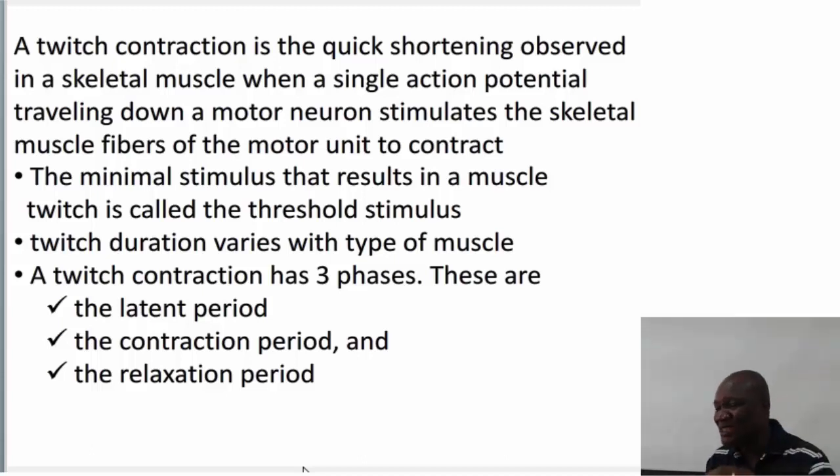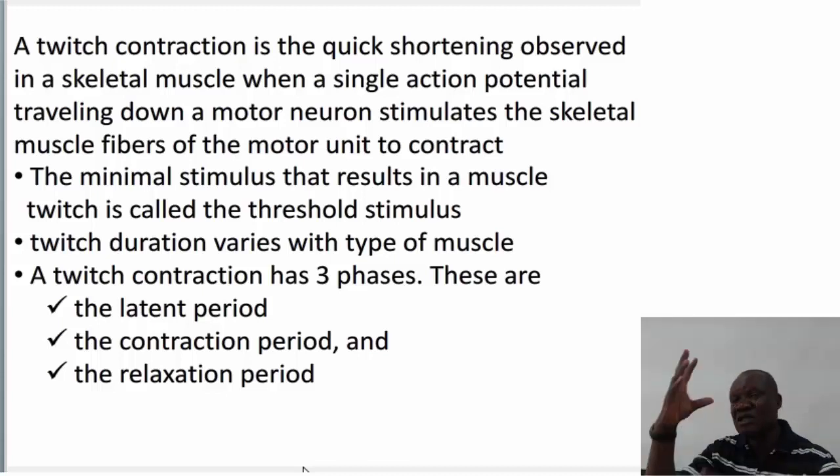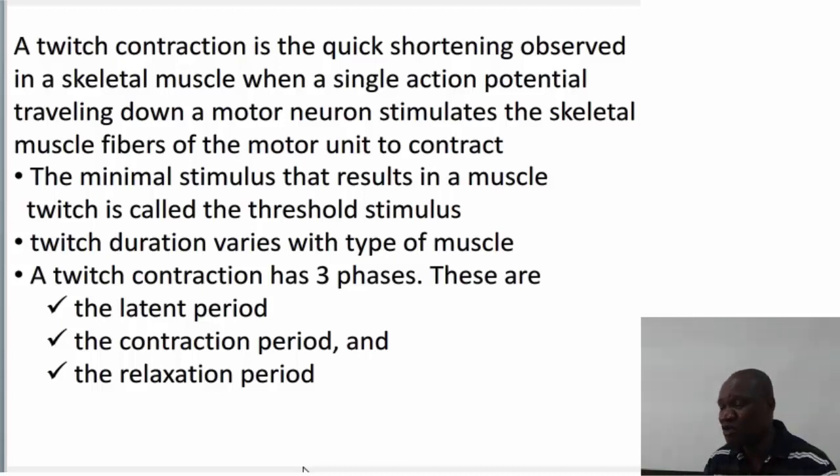You apply a single action potential, and the muscle will shorten and come back to the original length. This brief shortening observed in the skeletal muscle when a single action potential is applied is called the muscle twitch.